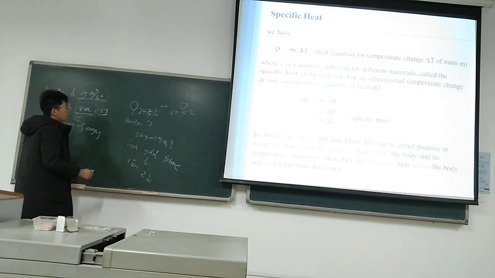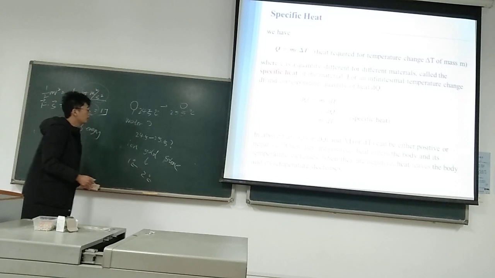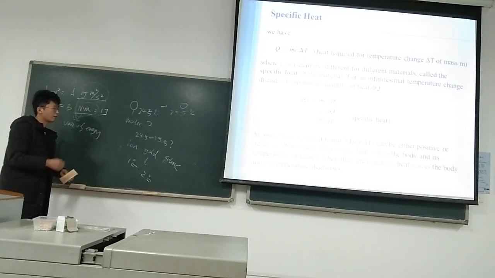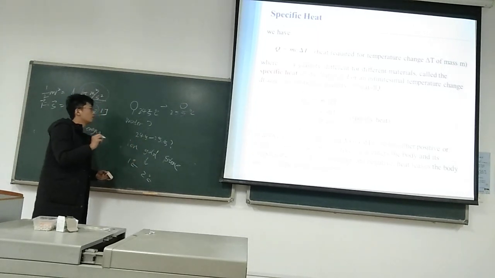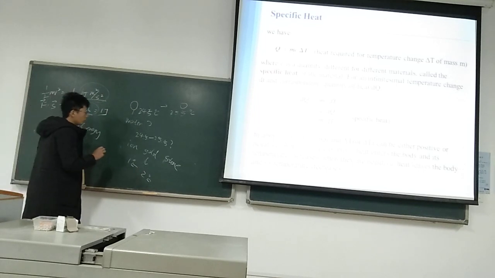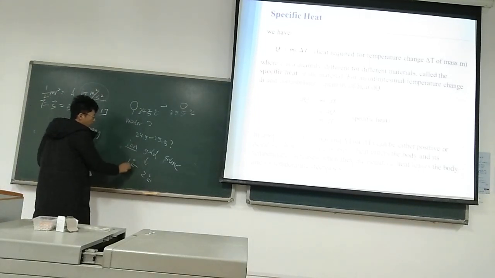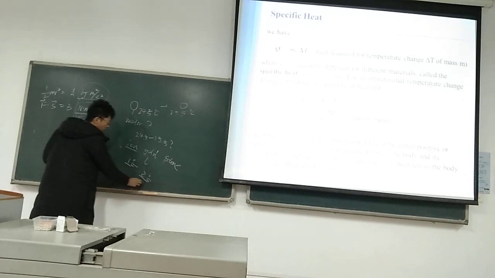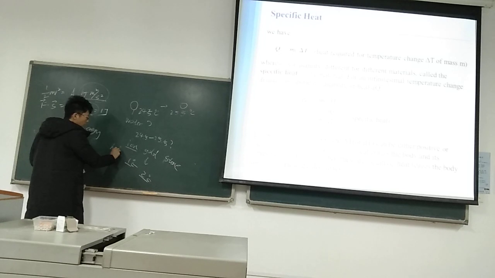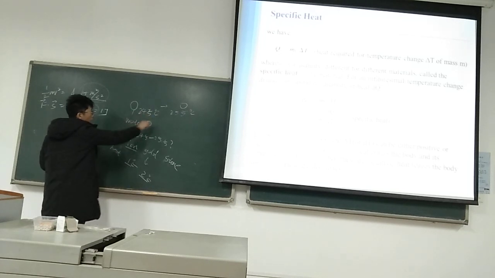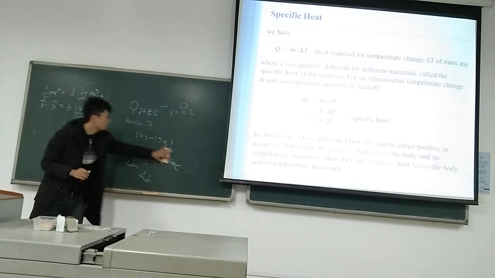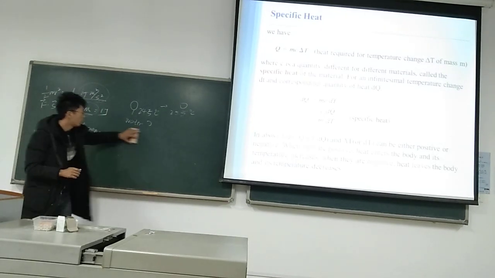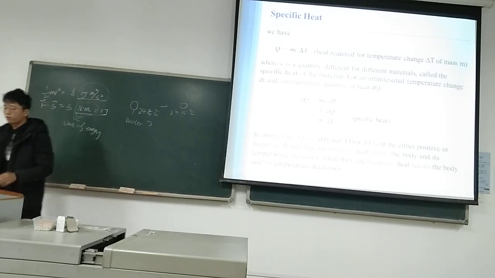Because the specific heat of materials will change as a function of the type of the material and as a function of the range of the temperature. To increase iron from temperature 1 centigrade to 2 centigrade, the heat needed is less than the heat needed to heat the water from 24.5 to 25.5 centigrade. Because there is a difference between them, and the difference is caused by the specific heat.